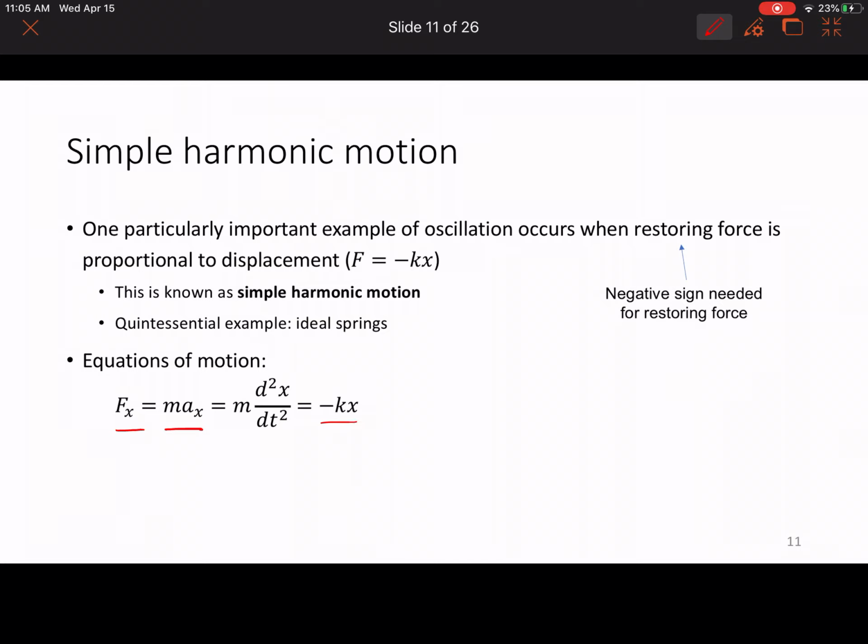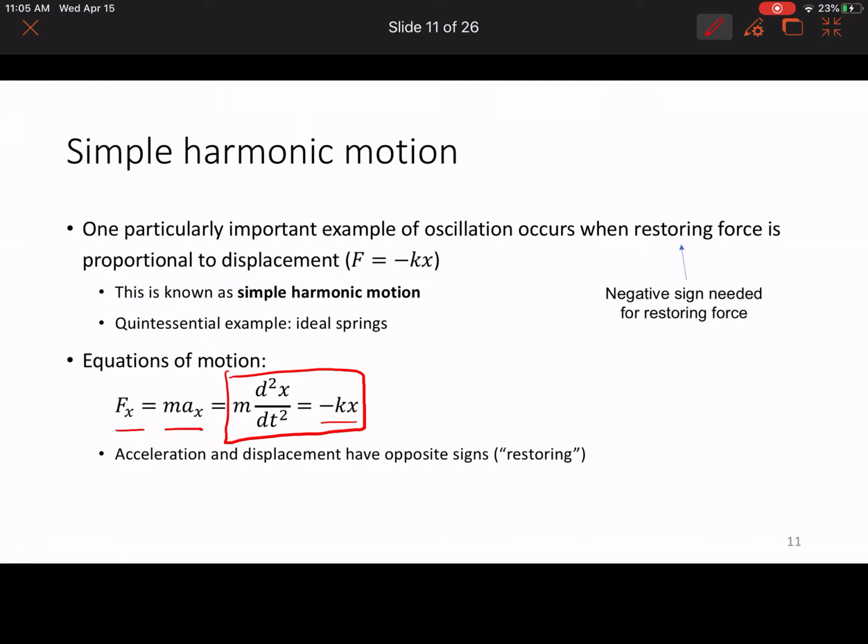And as a quick reminder, acceleration can also be written as the second derivative of x. So mass times the second derivative of x is equal to negative k times x. Those are my equations of motion for the spring. Before, we weren't actually solving this. We were just doing energy. Now we're going to solve it. Okay? So we're going to solve that on the next slide.